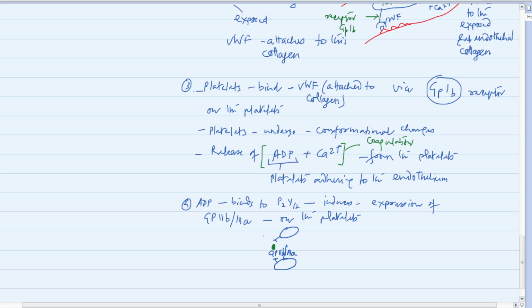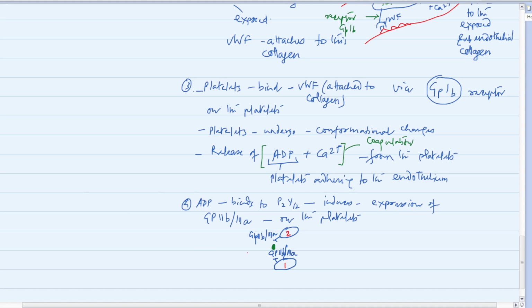This again is a GP2B3A receptor on this platelet. So let's call this platelet 1, let's call this platelet 2. So the GP2B3A binds to another platelet via this molecule that is fibrinogen.